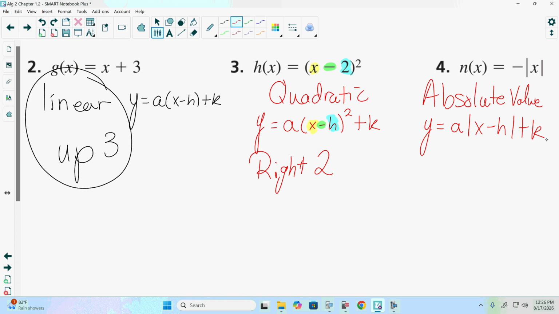What is the one spot we have a sign or number? A. A is negative, yes. And since A is negative, it tells us we have a reflection across the x-axis.